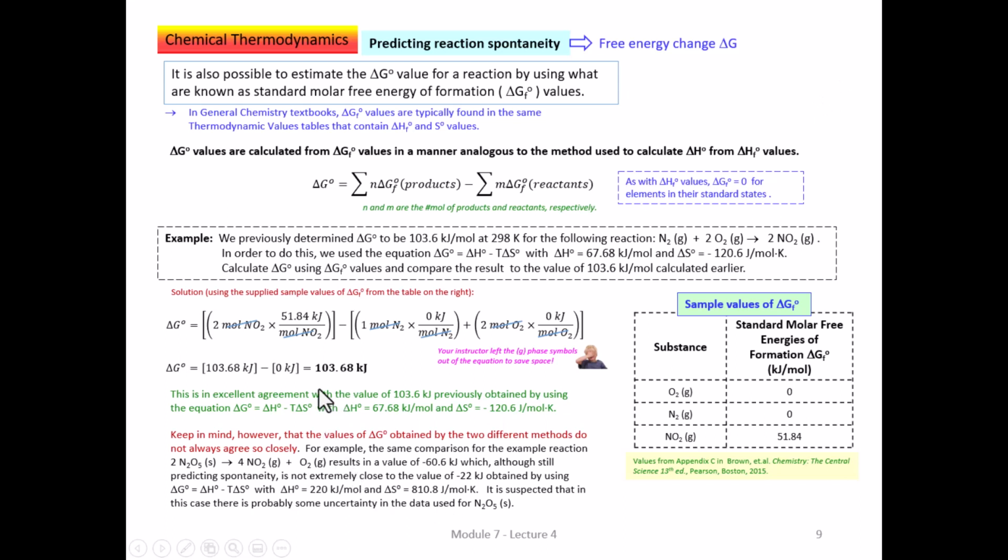Again, you might say, well, these two came out close. Well, let's do another example.